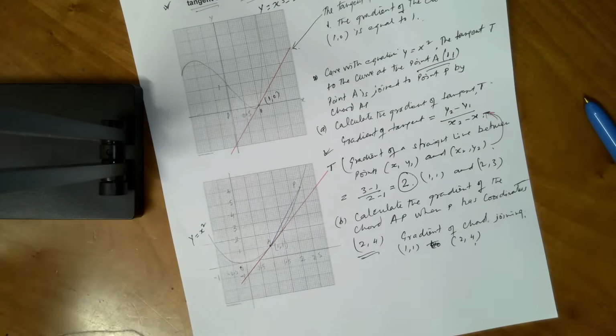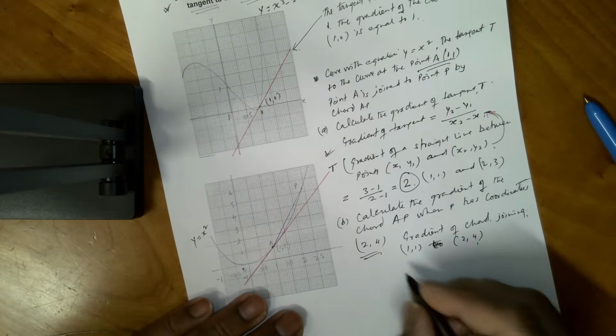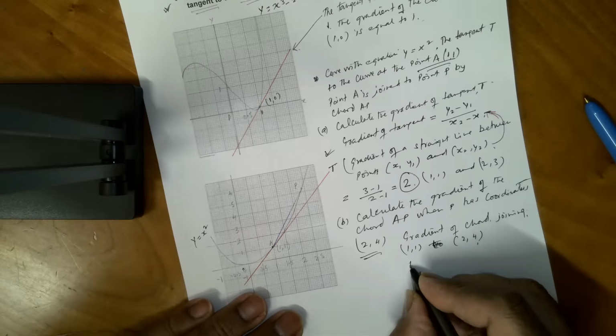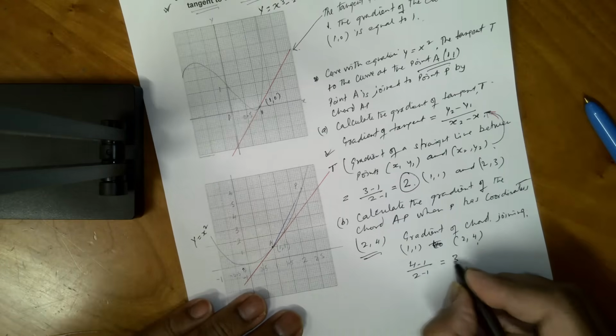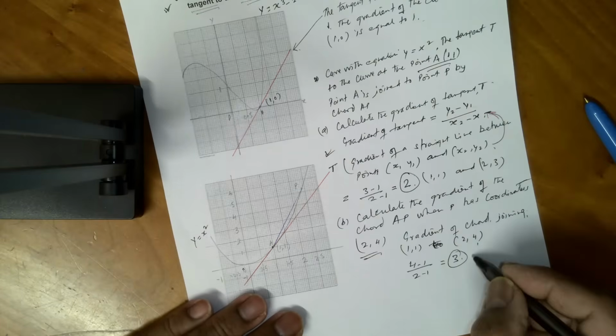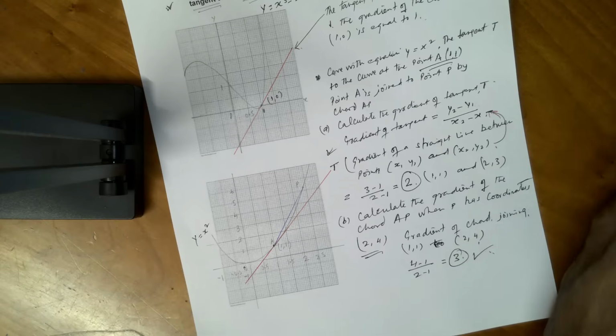So let's finish this one here. That is your 4 minus 1 over 2 minus 1, and that is equal to 3. Okay, so remember this one. So this is your 3.